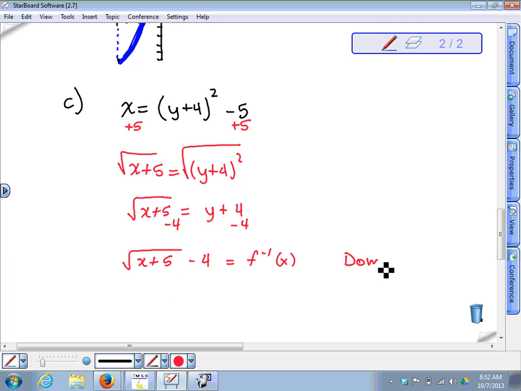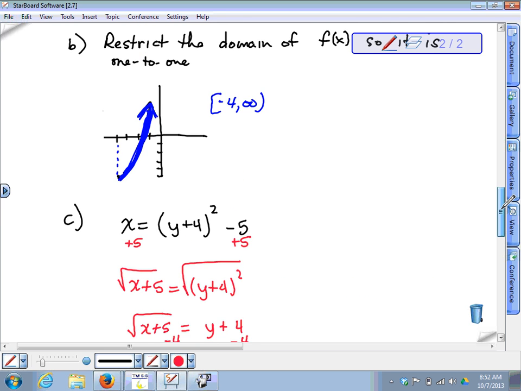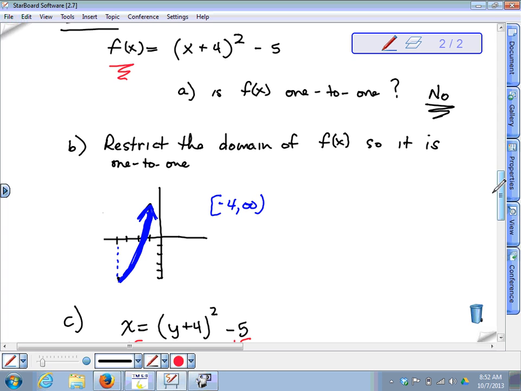What's the domain? The domain is from -5 to infinity. The range is -4 to infinity. Now let's just double check that this matches what we began with. We restricted the domain in part B, so this is the domain of the original f of x function.